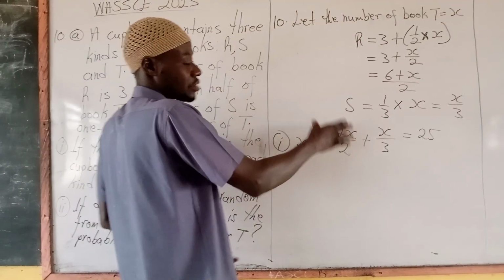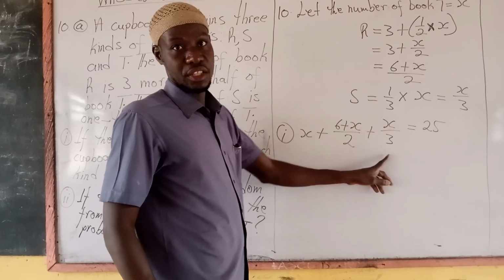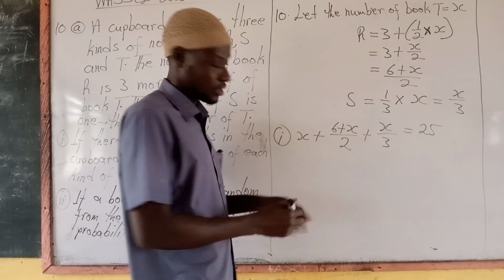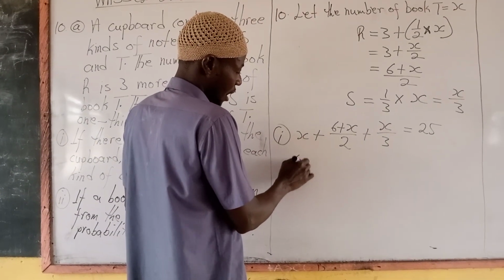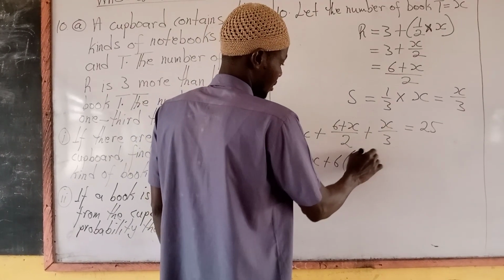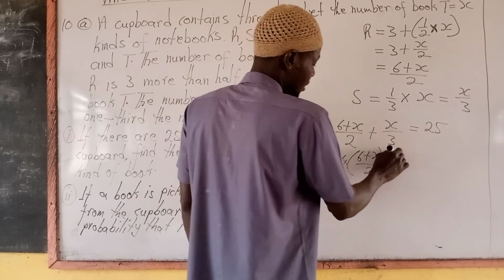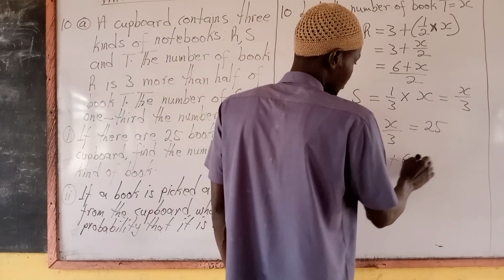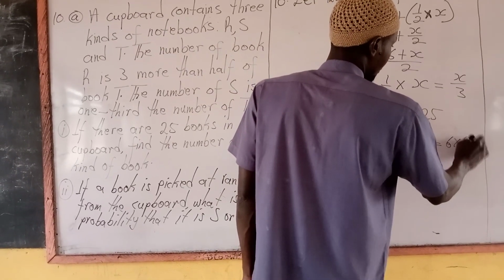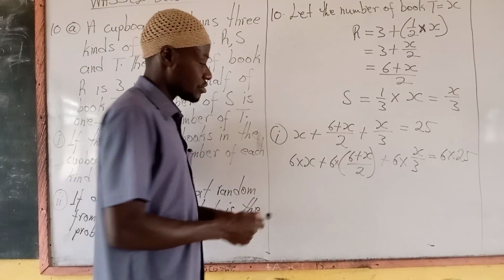Simplify this by multiplying through by the LCM of 2 and 3, which is 6. So multiply each term by 6: 6 times x, plus 6 times (6 plus x) divided by 2, plus 6 times x divided by 3, is equal to 6 times 25. Then we will simplify further.